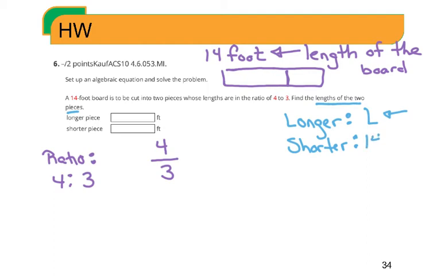The shorter piece is going to be 14 minus L. Because in total, if this is L, then this is 14 minus L, because they have to add up to 14. So that's sort of the hard part, coming up with this. But now I have L over 14 minus L. So if you can get there, you can do it.